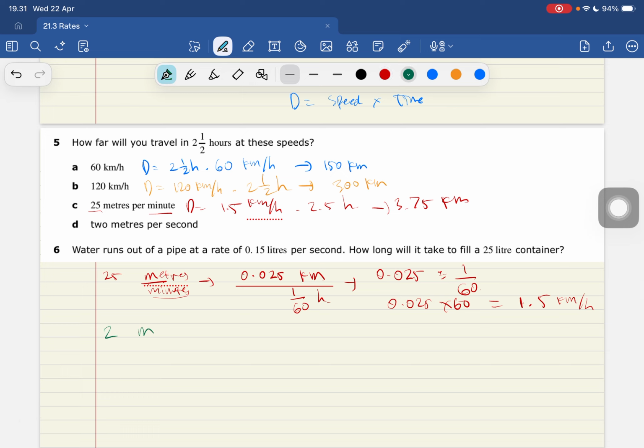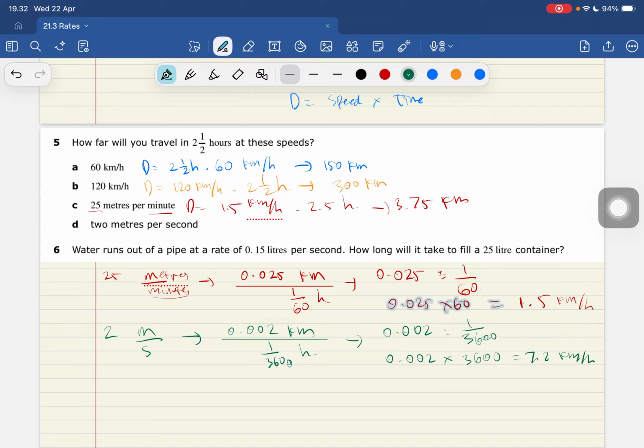So this is equal to 0.002 divided by 1 over 3600. So this is equal to 0.002, we multiply by 3600, and it's gonna be 7.2 kilometer per hour.